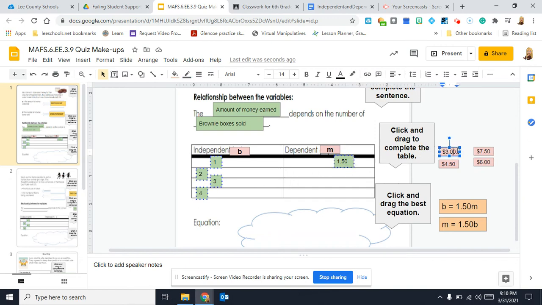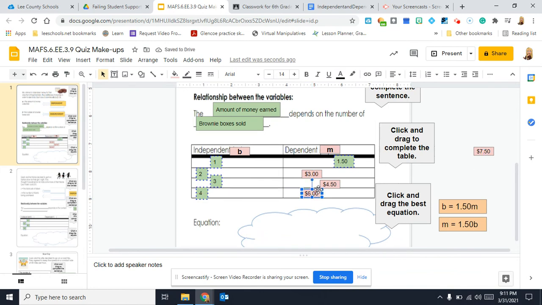That's going to be $3. And I'm just going to click and drag that over. How about three boxes? So you have $1.50 plus $1.50 plus $1.50. That would be $4.50. That's the same as $1.50 times 3. How about 4 boxes? I have two choices, $7.50 or $6. If you work it out, $1.50 times 4, you would come up with $6.